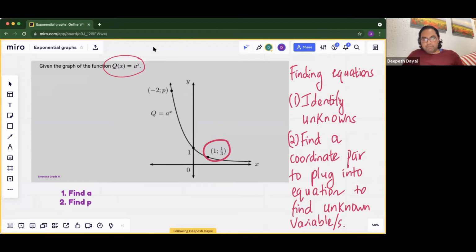Okay, so what point are we going to plug in? I said it might be very nice to plug in 1 and a third. Do all of you agree that that's the best point maybe to plug in, or what other point can we plug in? Let's have a look at the chat. Are you all happy with that point, 1 and a third, that we can plug in to find a? Because we've got x and we've got y there.